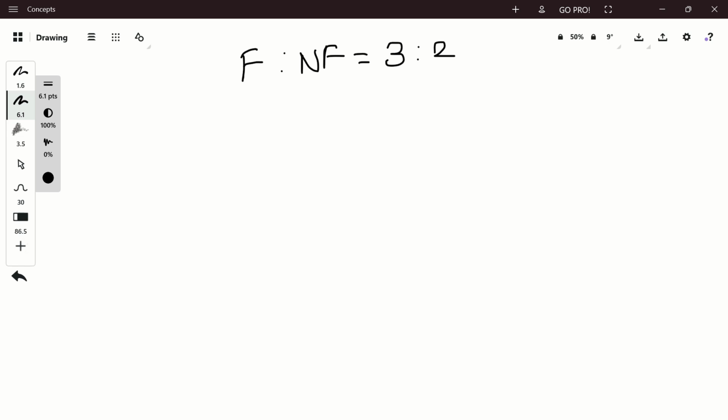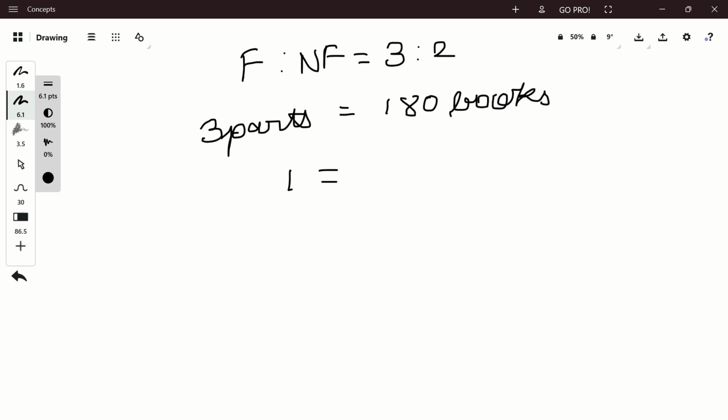The number of fiction books corresponds to the 3 parts of the ratio. That is 3 parts is equal to 180 books. That is 1 part is equal to 180 upon 3, which is equal to 60 books.